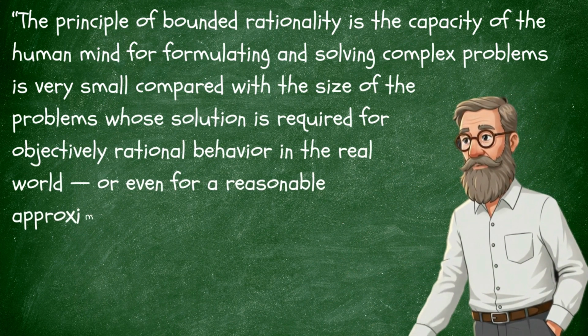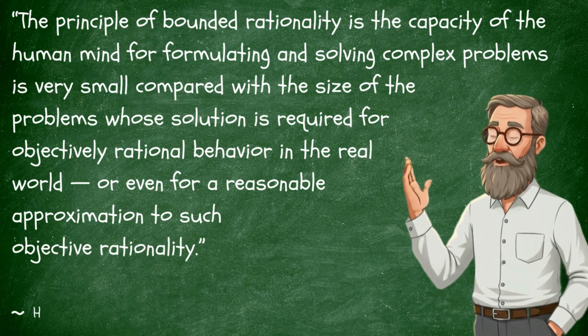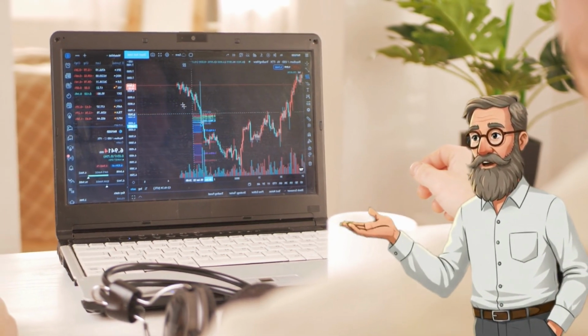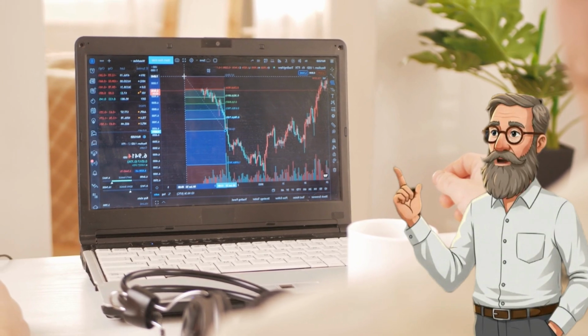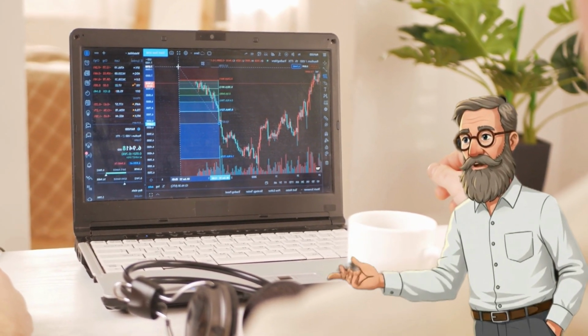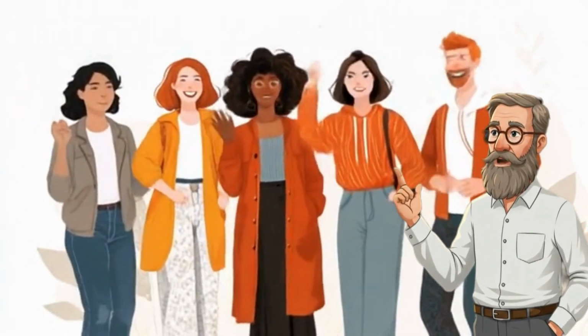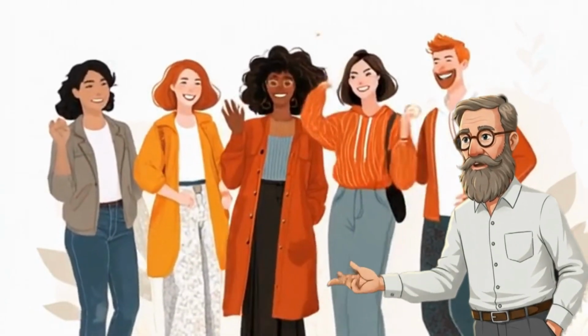We often satisfice, choosing what's good enough, even if it's not perfectly optimal. Critics also note game theory can fail to predict real-world behavior accurately. People are influenced by emotions, relationships, and culture, factors hard to model mathematically.